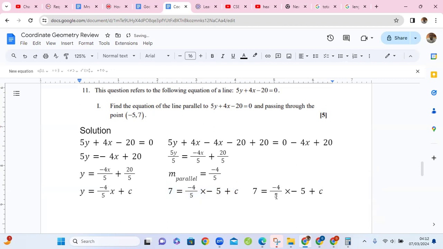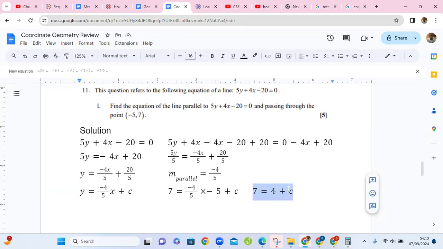This simplifies to minus 5 times minus 4, that's positive 20 over 5. So that leaves us with 4, as a negative times a negative is a positive.